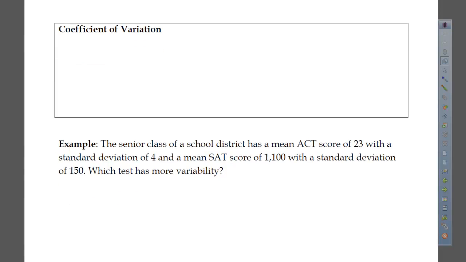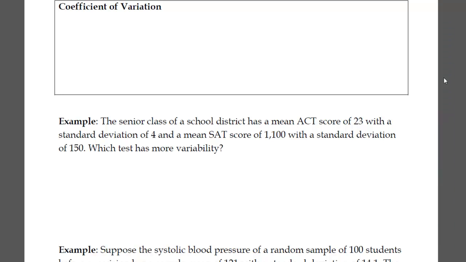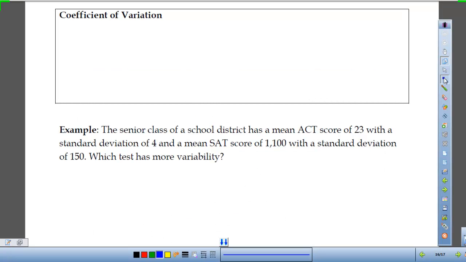Coefficient of variation. We got about 10 minutes. We mentioned this earlier, the ball bearings from our ink pen and the tire tread, how many miles we could drive before we had to replace it. The coefficient of variation, often denoted just CV, is equal to the standard deviation divided by the mean.